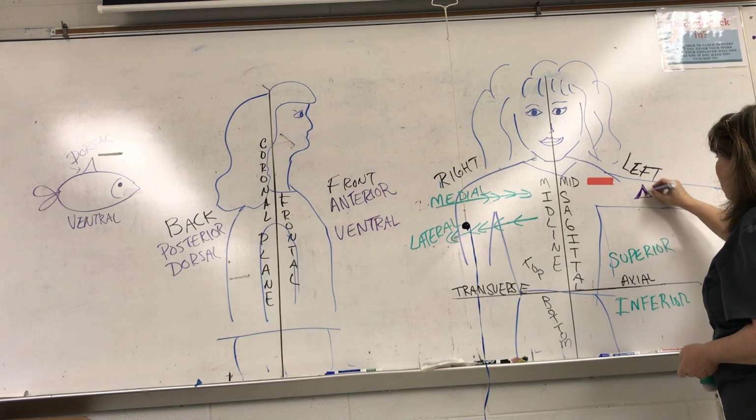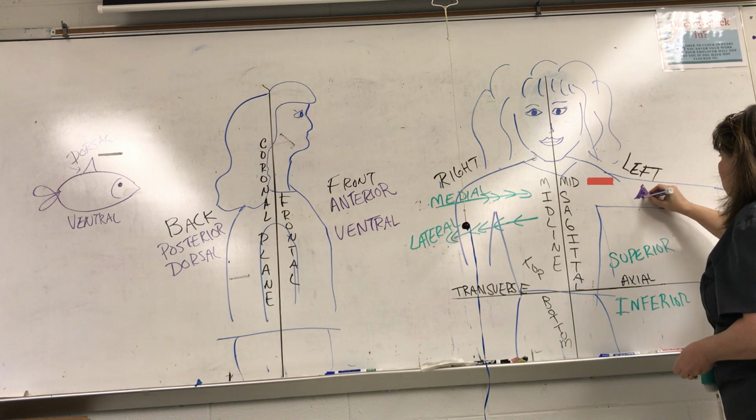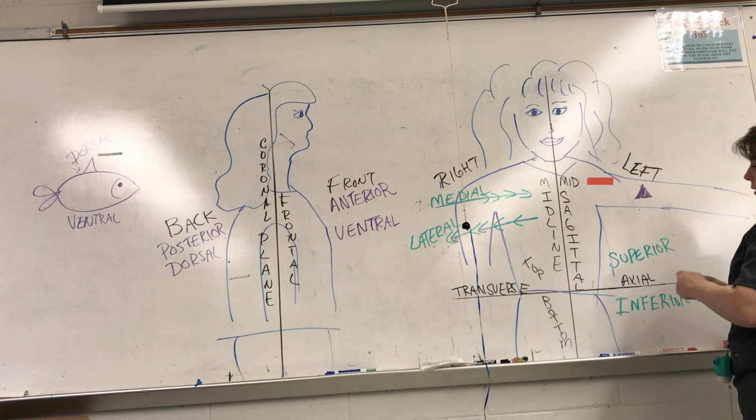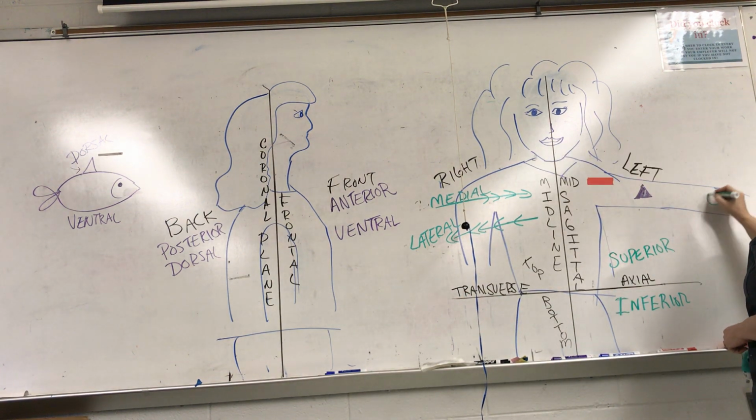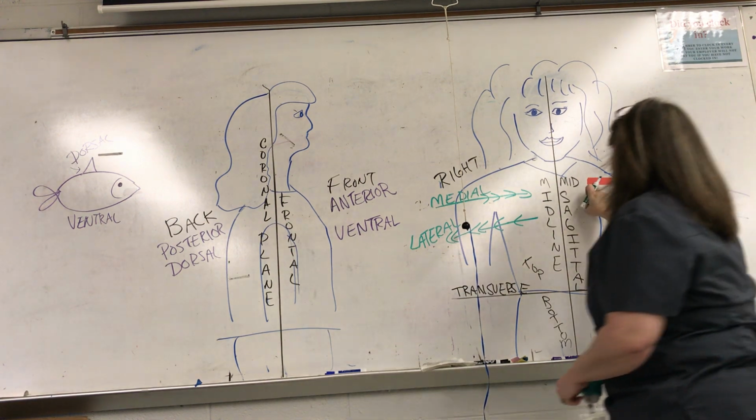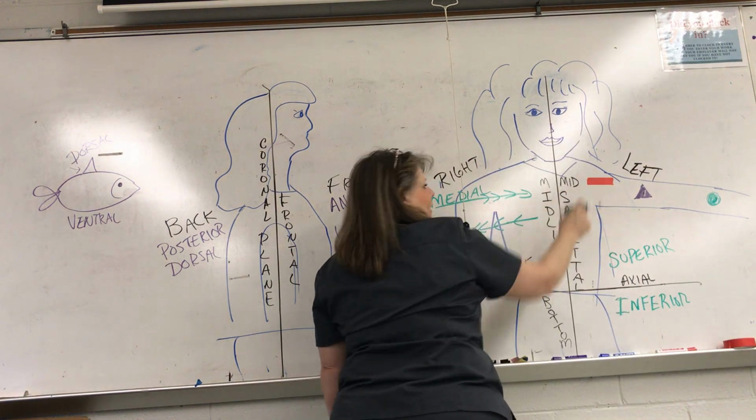So I'm going to put a triangle that's purple here. And I'm going to put a circle that's green here. So this shoulder is my point of reference.